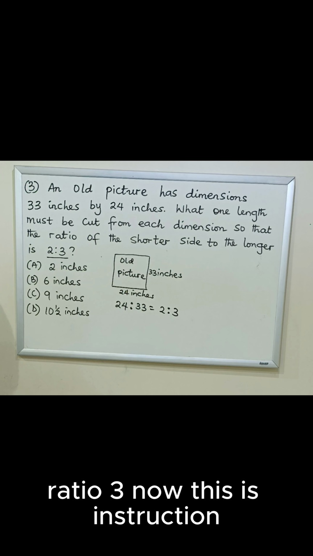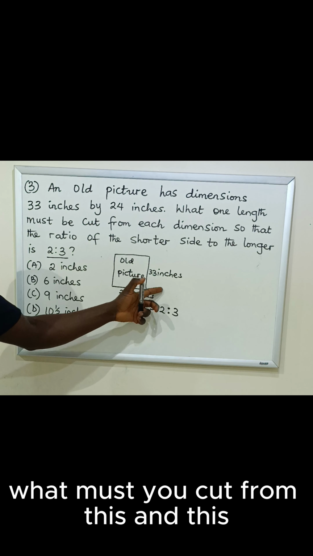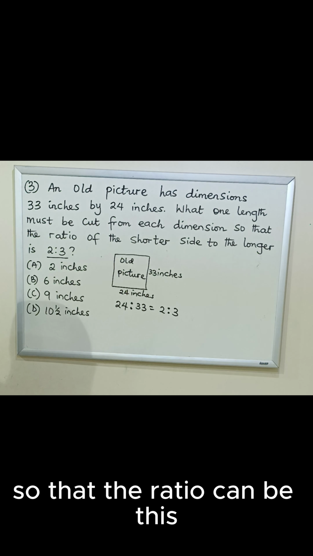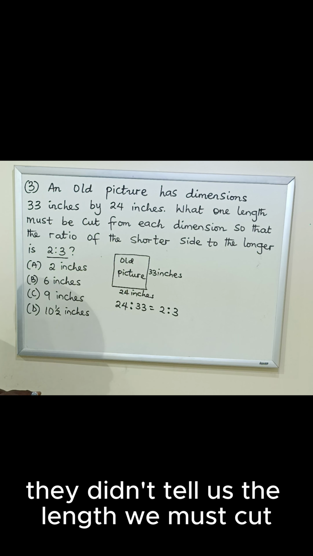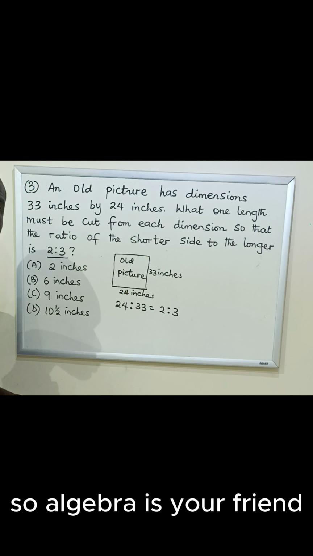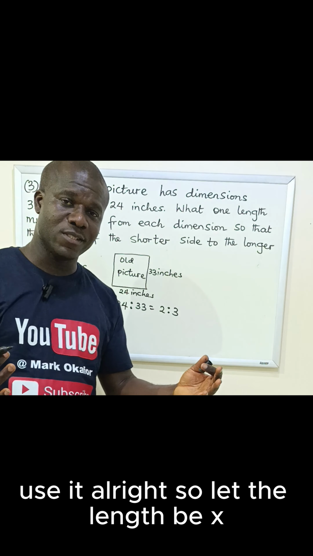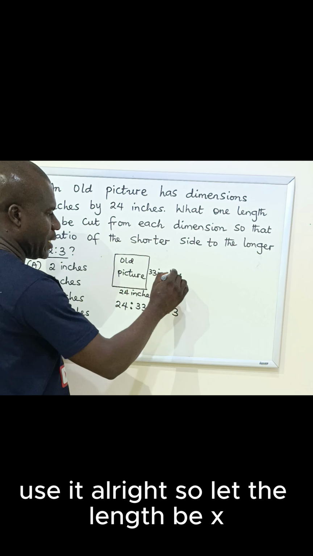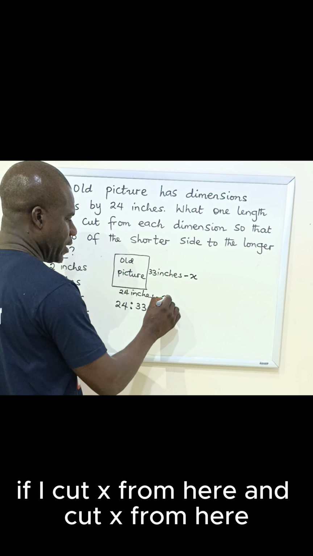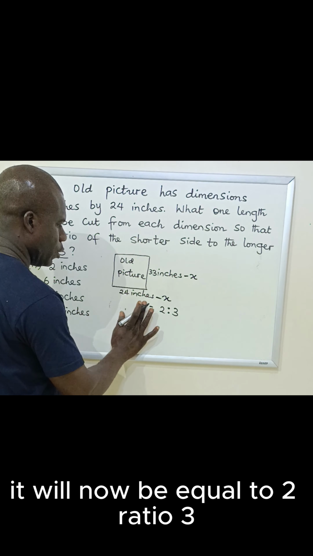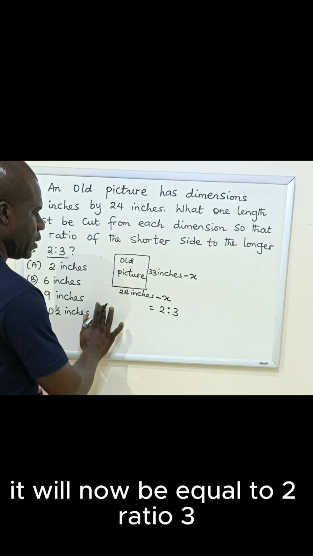This is the instruction. First thing first, they didn't tell us the length we must cut, so algebra is your friend. Let the length be x. If I cut x from here and x from here, it will now be equal to 2:3.